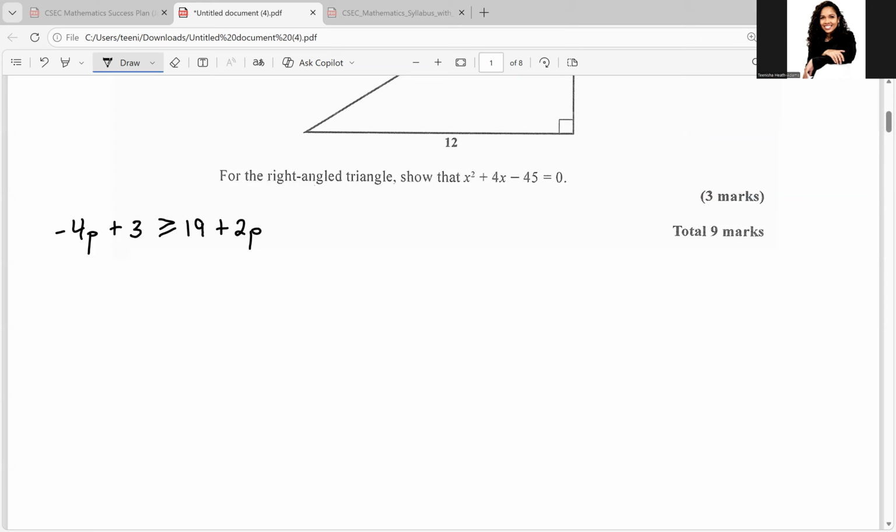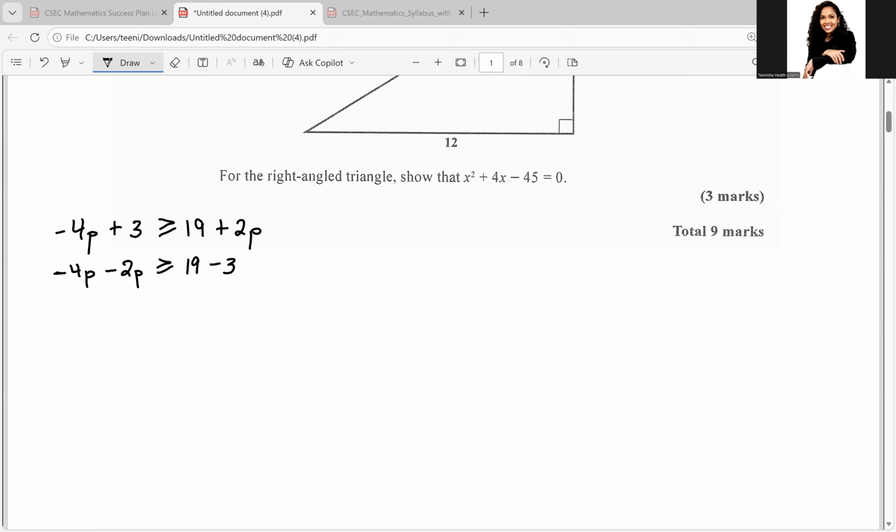So I'm going to bring all my p's to one side. So I'll say minus 4p. Now, if I'm moving plus 2p to the other side, it'll be minus 2p is greater than or equal to 19 take away 3. I moved plus 3 to the other side. When you move a term from one side to the other side, you change the sign.